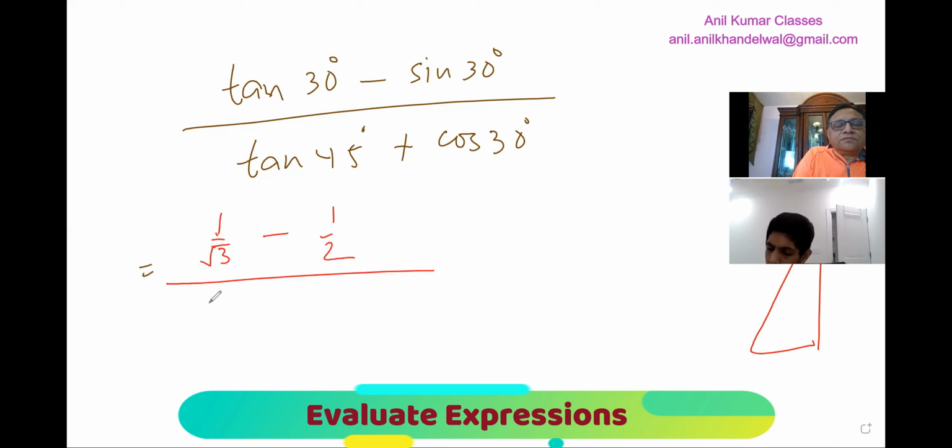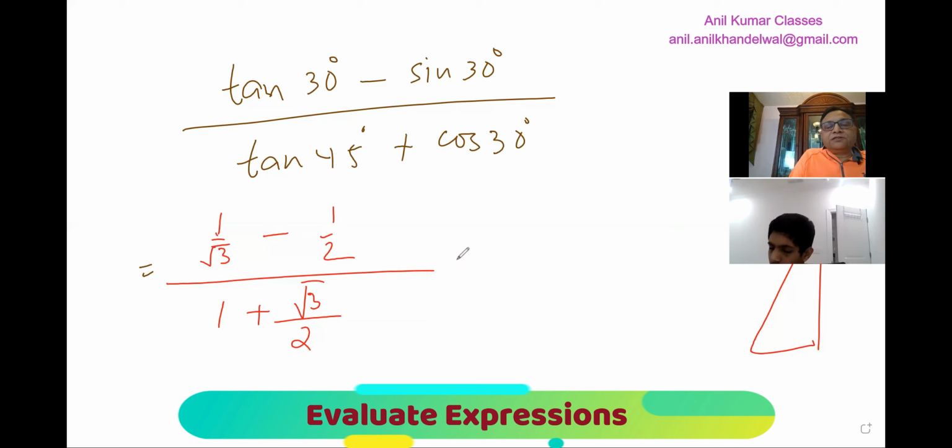And the denominator is 1 plus radical 3 over 2. Right. This is what.